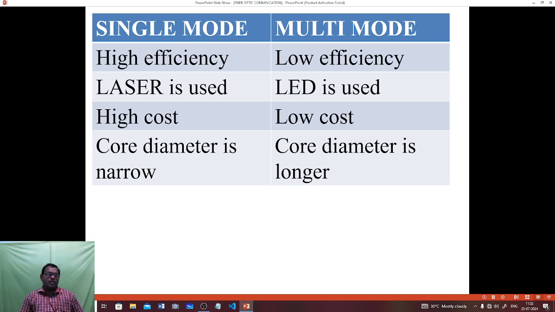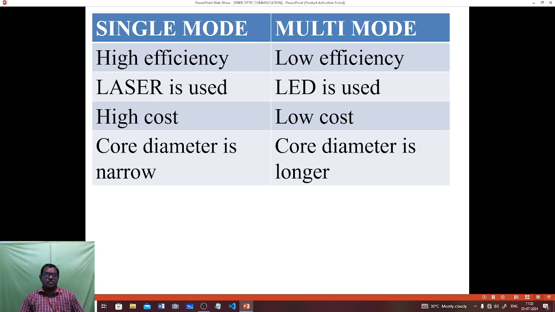The cost of the laser is high compared to LED, and the diameter of the laser will be narrow, while the LED core diameter is not narrow, it is wider, for the multi-mode system.